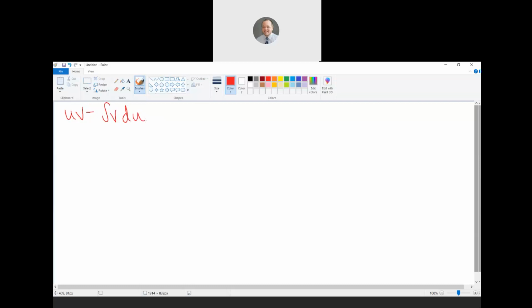We have the integral of inverse cotangent, excuse me, I'm sorry, of inverse cotangent of 3y dy. Now, we don't know the integral of inverse cotangent, so let's let u equal our inverse cotangent.